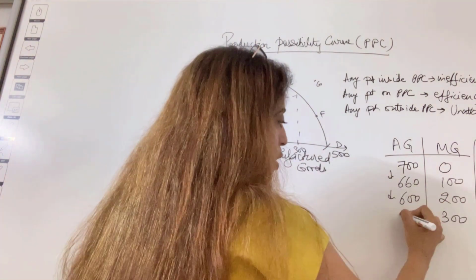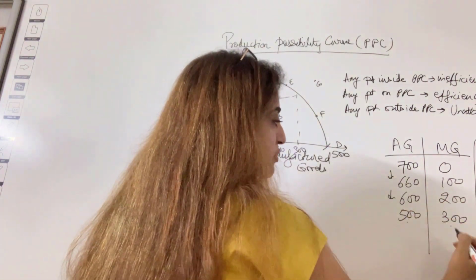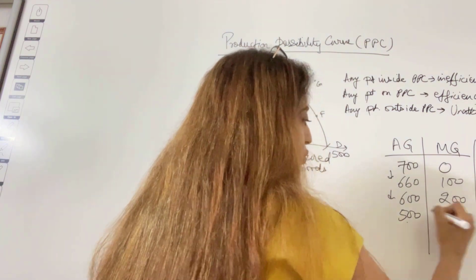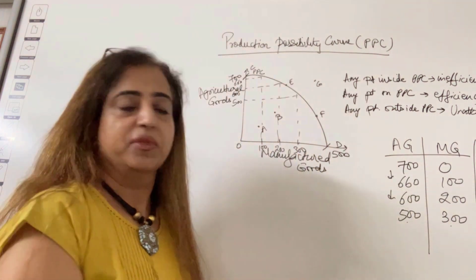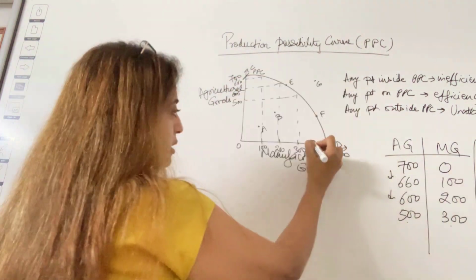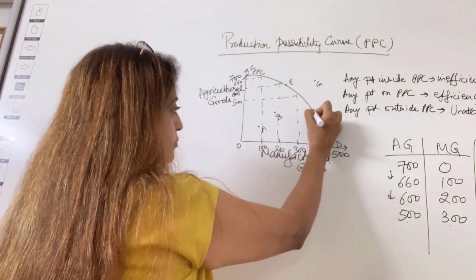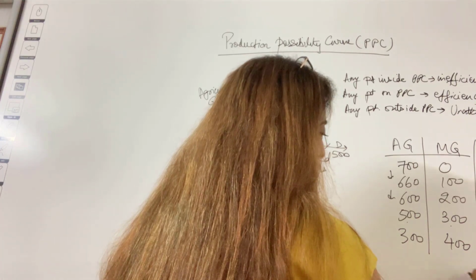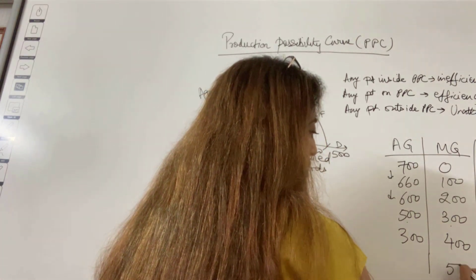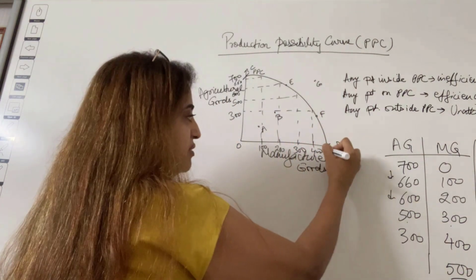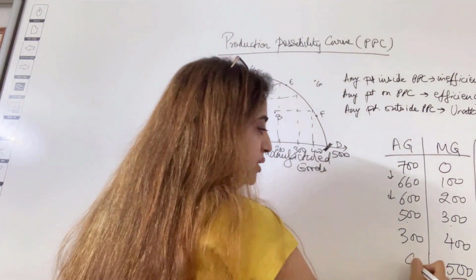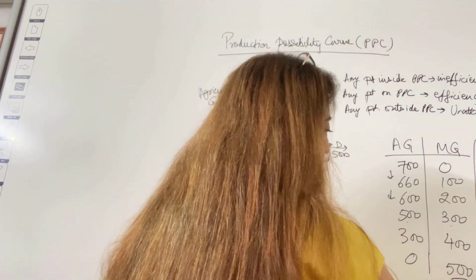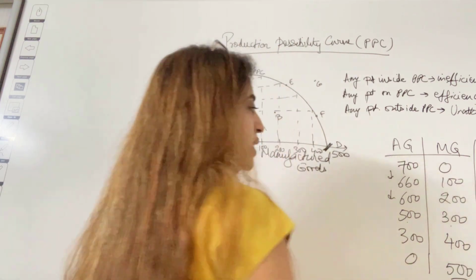So now if they are making this combination 500 and 300, what is the opportunity cost now? How much are they losing? 100 units of agriculture. Let's say they continue doing it, 400. So 200 is the opportunity cost. And now if they want to make the full 500, naturally there is 0 here. So 300 is the opportunity cost.